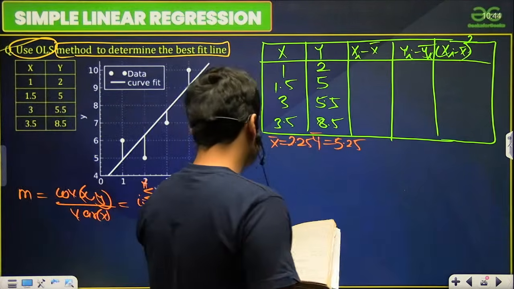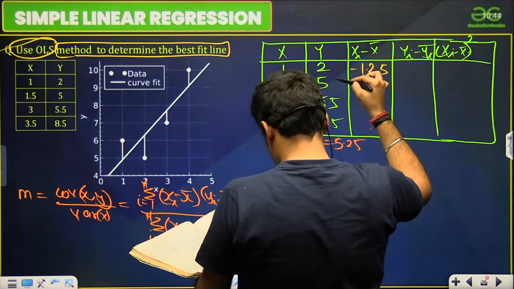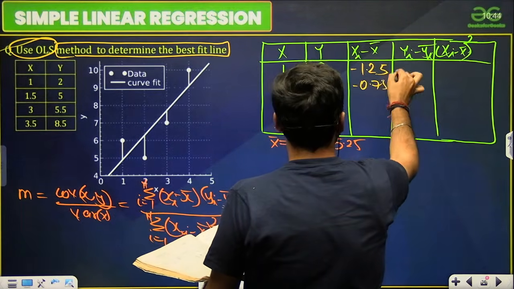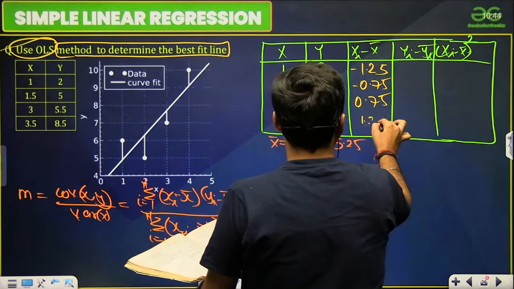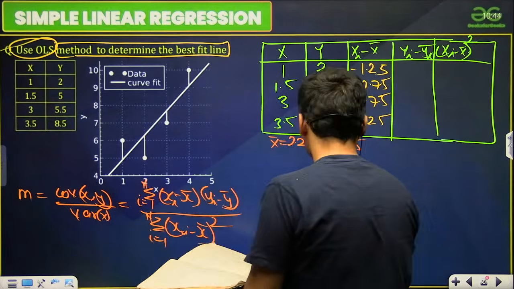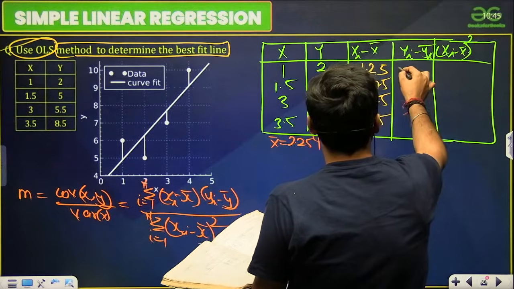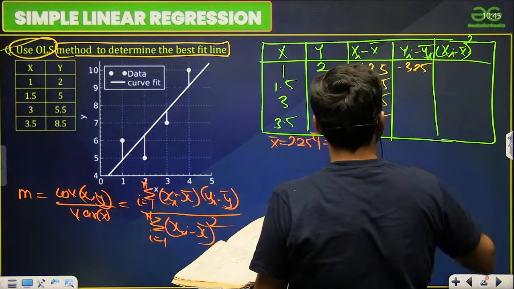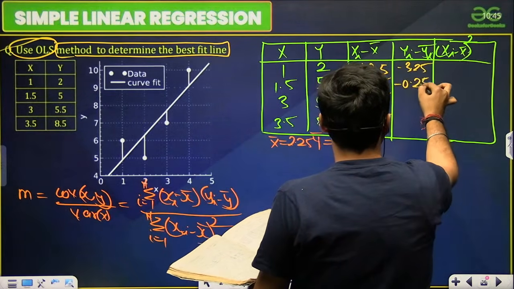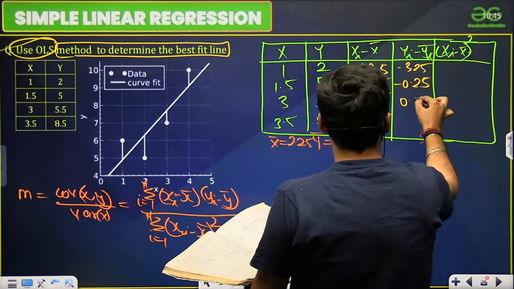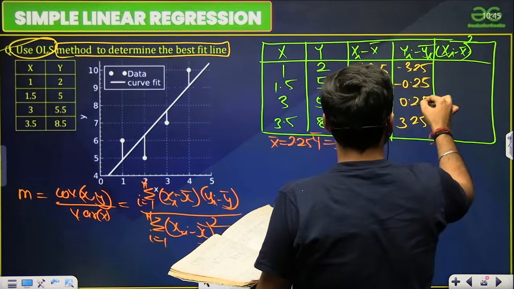So xi minus x bar is negative 1.25, then negative 0.75, then 0.75, and 1.25. And yi minus y bar is negative 3.25, then negative 0.25, then 0.25, and 3.25.